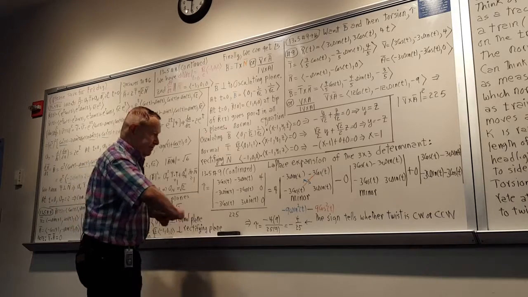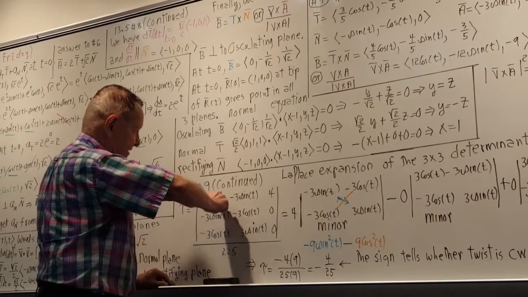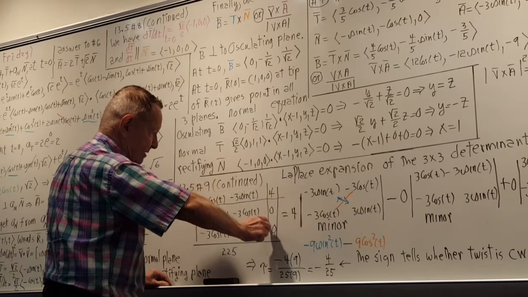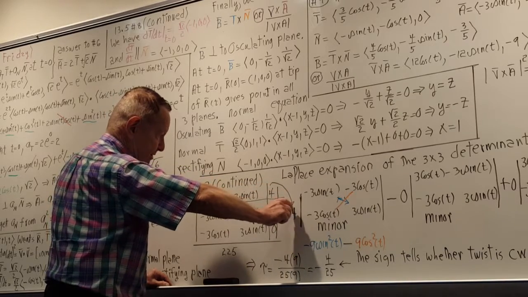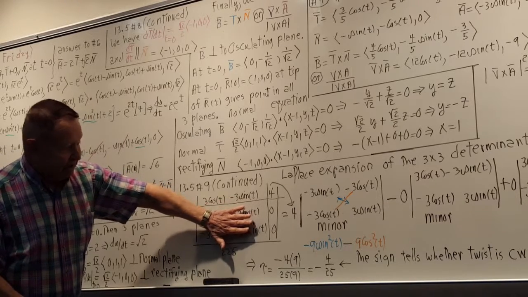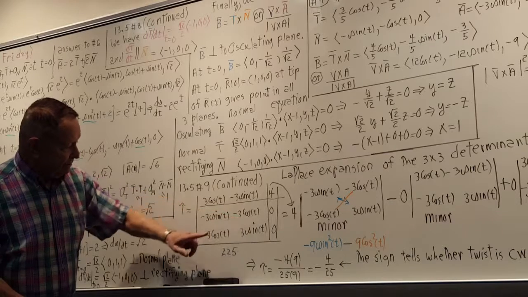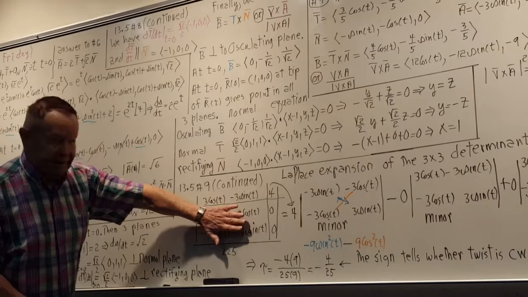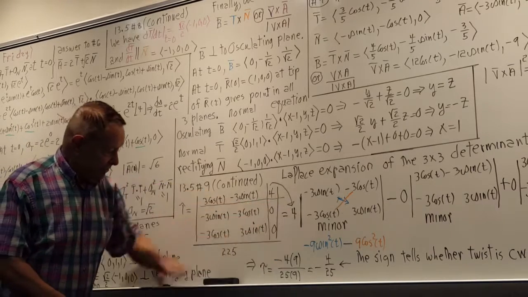which is what you get if you play cross out. So you cross out the row and the column where the number is that you have here, and then you make a determinant out of what's left. So minus 3 sine, minus 3 cosine, minus 3 cosine, 3 sine. So you keep these in their same relative positions over here.